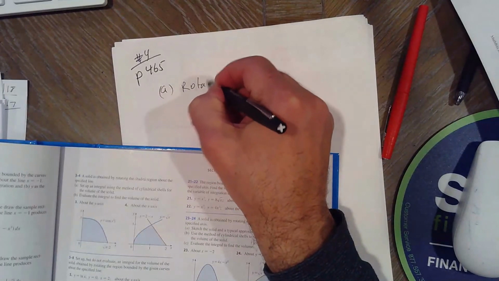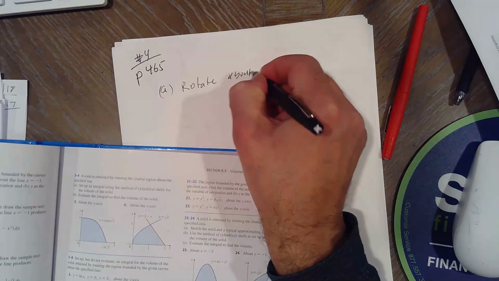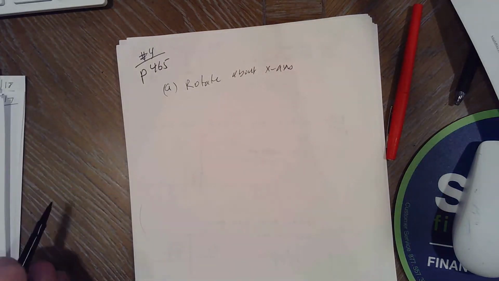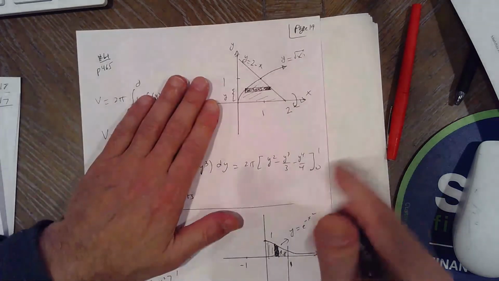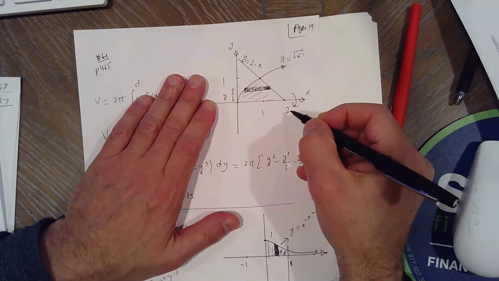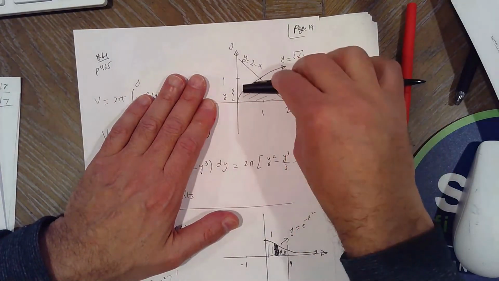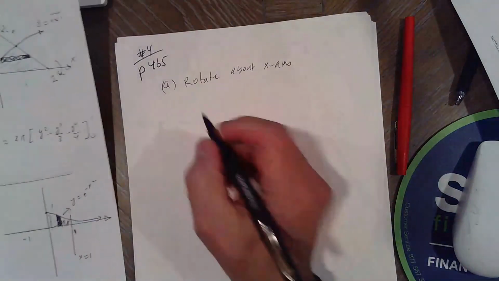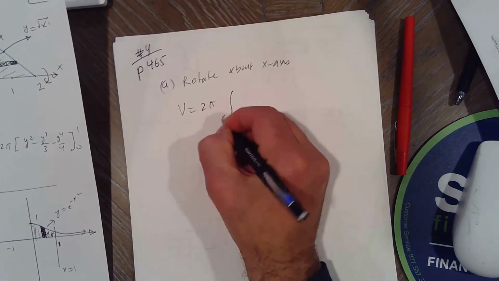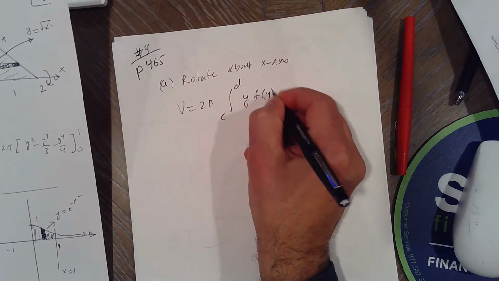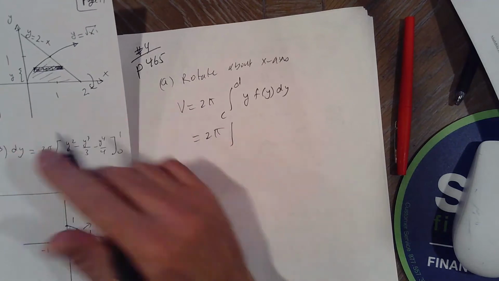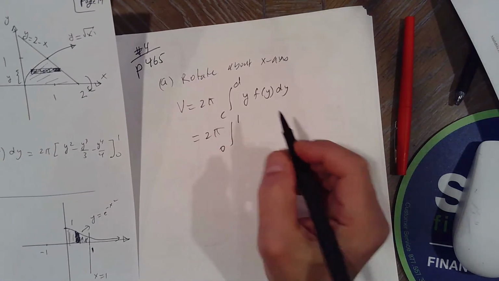I'm going to rotate about the x-axis. So basically, this is the graph I copied here. You're going to go all the way down to y equals 0, all the way up to y equals 1. So we're going to do 2 pi integral from c to d of y f of y dy. So 2 pi, the minimum y is 0, the maximum is 1.